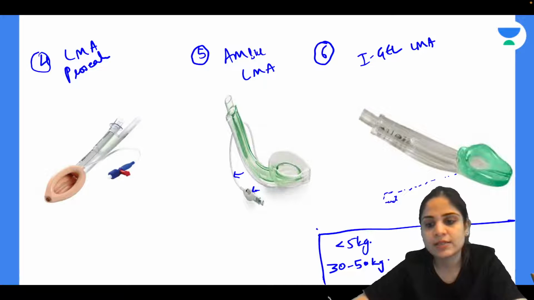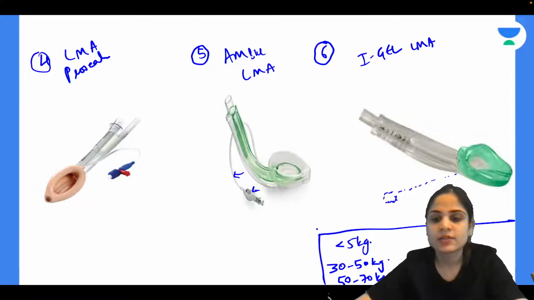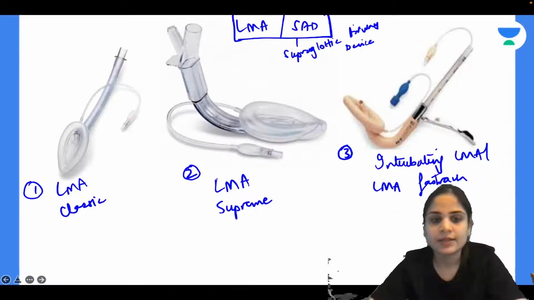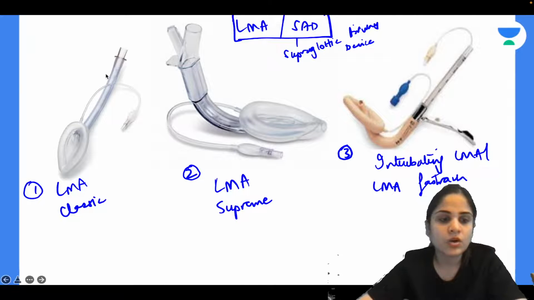And then you have size 4. Size 4 is seen in 50 to 70 kg person. Alright. So these are the 3 main sizes that you need to remember for your LMA. Alright. Now with this, all the other LMAs that you can see, you are having 2 openings to it. Can you see?